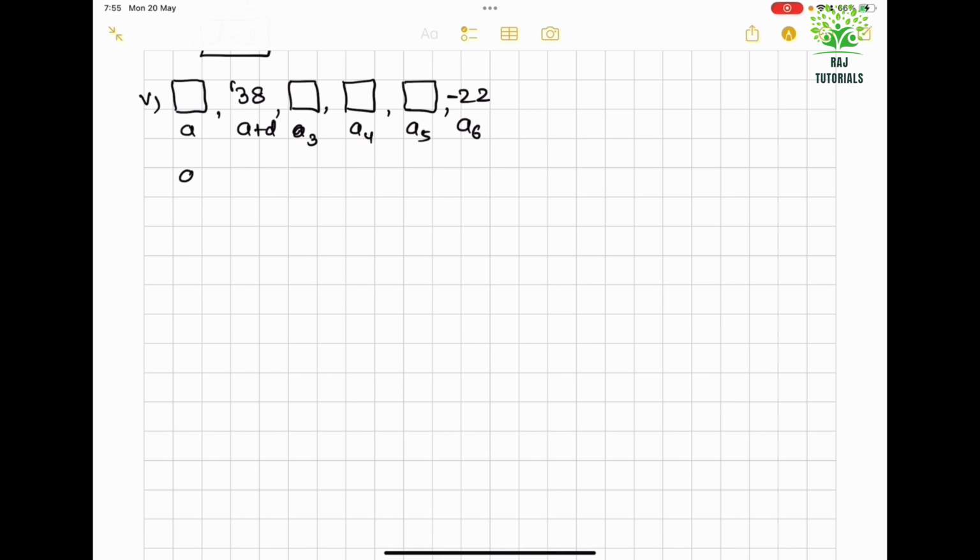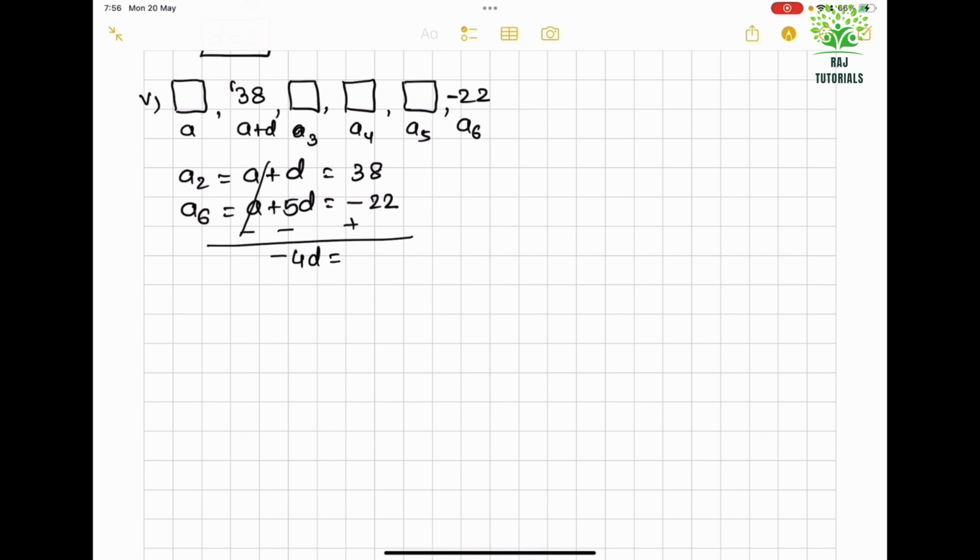Fifth one, I am given A2, that is A plus D, equal to 38. And A6 is A plus 5D, that is minus 22. So if I do the elimination method here, A got cut, minus 4D equal to 38 plus 22.